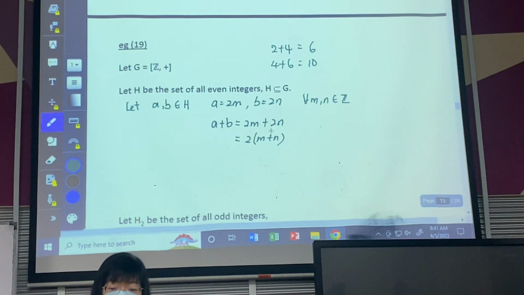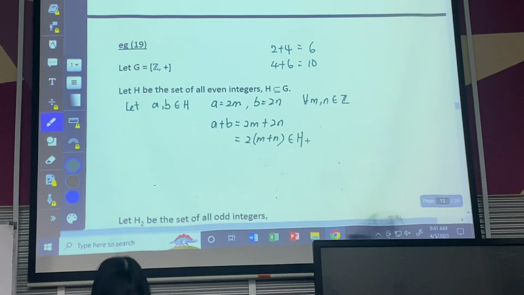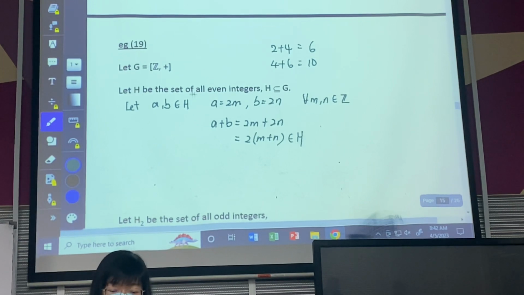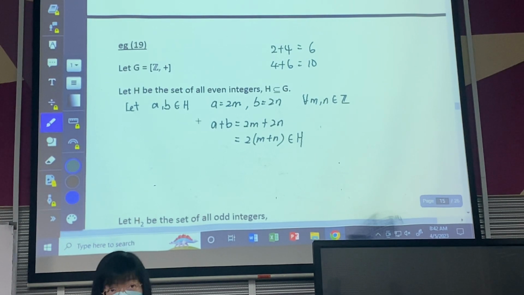So when you get 2 multiplied by any integer, of course you get back an even number. So this is how you show that plus is a valid binary operation, because after adding the two elements, the answer is also from the set H. Now the set H is a subset of G.